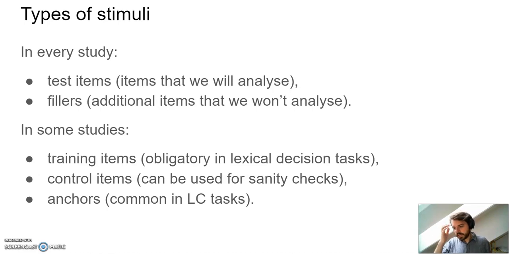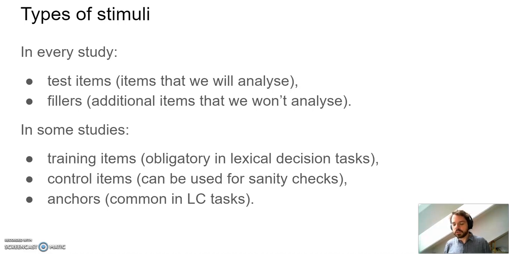If you recall our study, those will be things like vividity and vividness and validness and things like that. You also have fillers, so these are additional items that you won't analyze. For instance, we didn't really define what we do with these items like rows, these noun words.